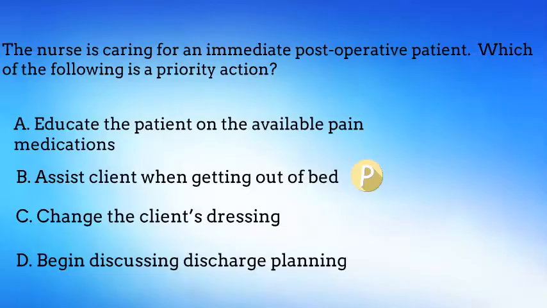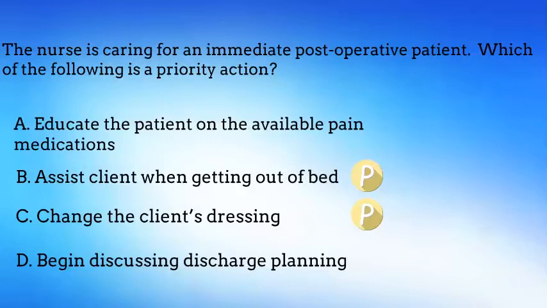Option C is to change the client's dressing. This would fall under safety as we want to prevent infection. So now what happens? We have two safety options. What we'll do is we will mark this additionally as a priority, and then we will whittle it down a bit later.